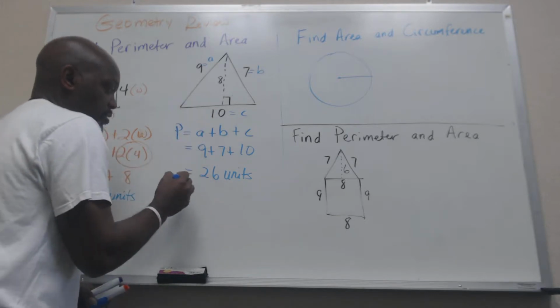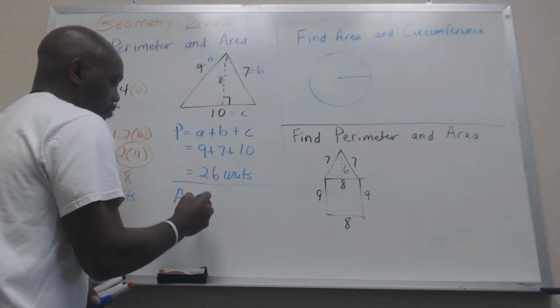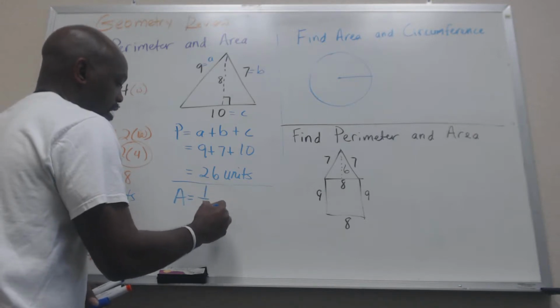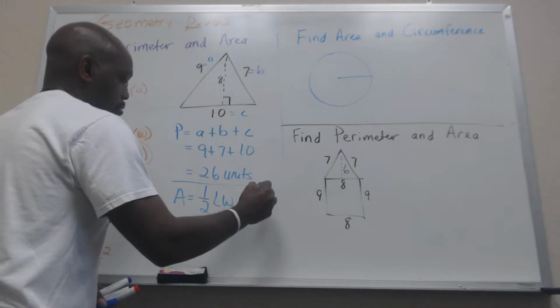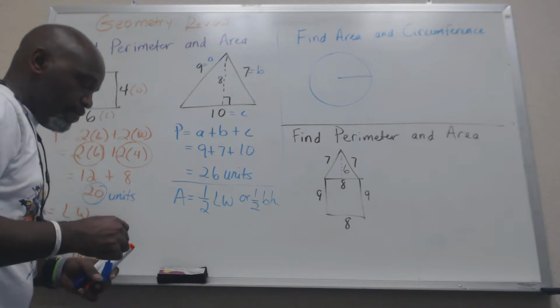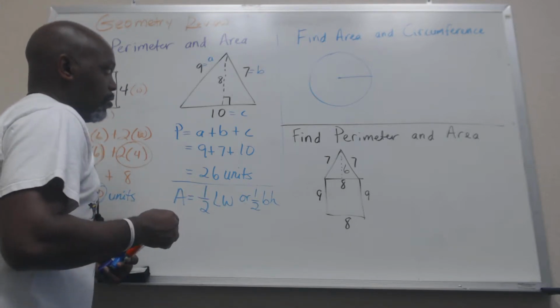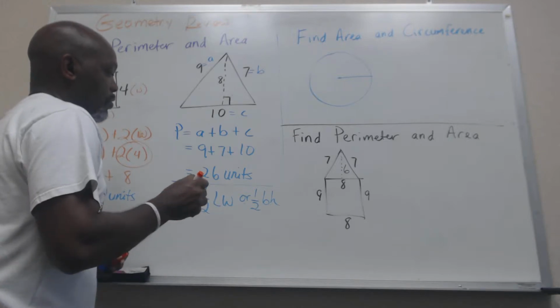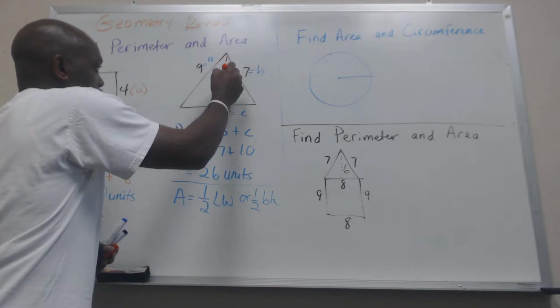because it's one dimensional. All right, so then we're going to find the area of a triangle, which is 1/2 times length times width, or 1/2 of the base times the height. Okay. Now, please make sure that you understand that for the triangle, this part here is your height.